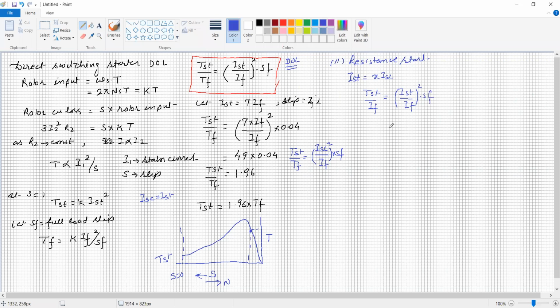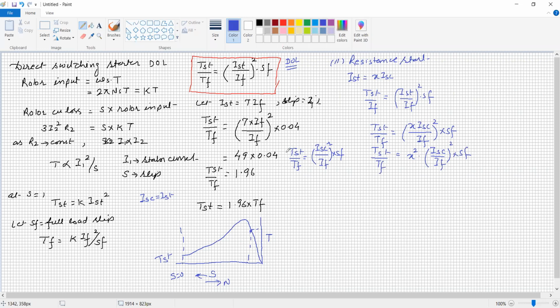By putting this value, starting torque upon full load torque is equal to X square into ISC upon (IF)² into SF, the full load slip. This is the starting torque upon full load torque.